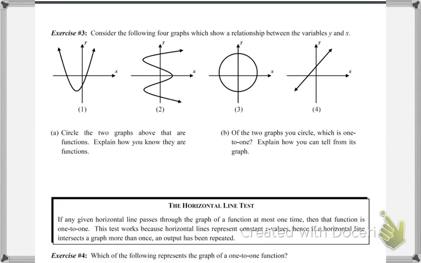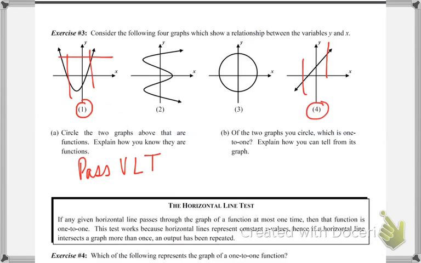If we were to circle the two graphs above that are functions, that means they've got to pass the vertical line test. So that'll be number 1, which passes the vertical line test, and number 4, which also passes the vertical line test. Of those two, number 1 does not pass the horizontal line test.